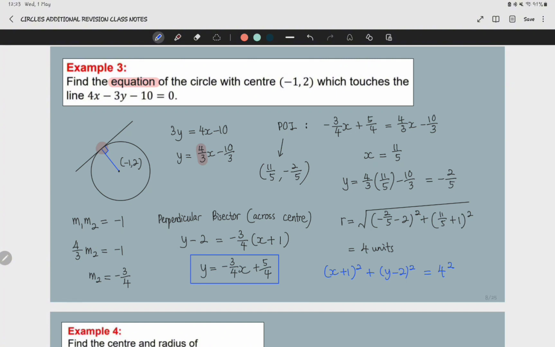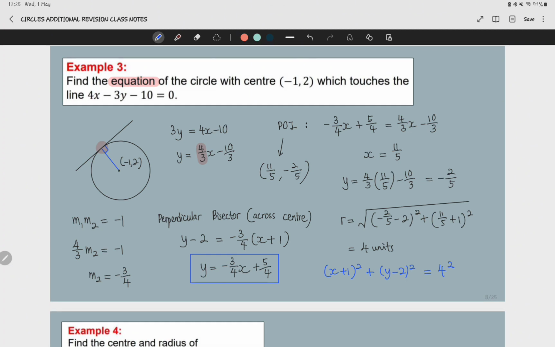That one I won't show you. You expand it yourself. You will get x squared plus 2x plus 1 plus y squared minus 4y plus 4 equals 16. You move terms here and there, and then you will get your general equation. That one I will leave you to do on your own. You can try that.